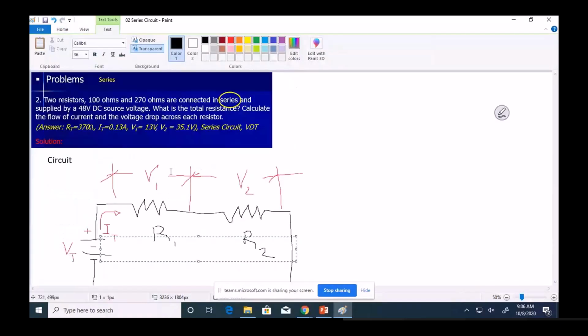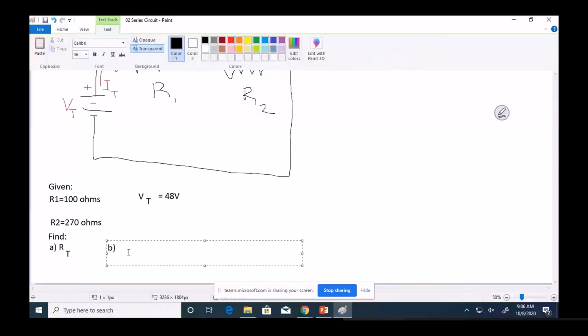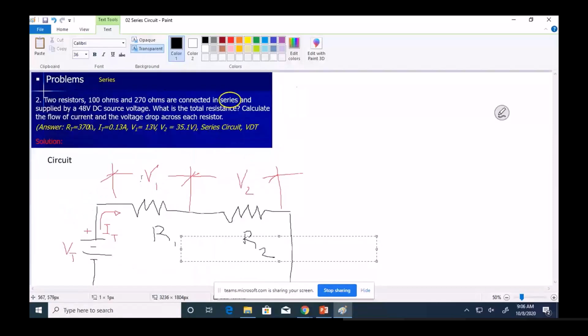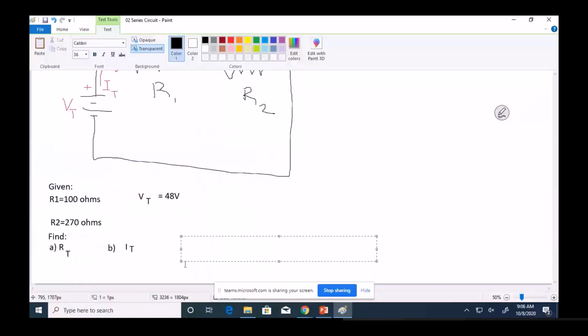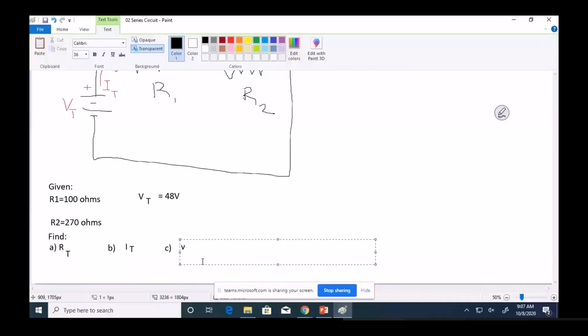It's about the total current, so that is I total. Next, the voltage drop across each resistor, V1 and V2. So we are looking for V1 and V2.